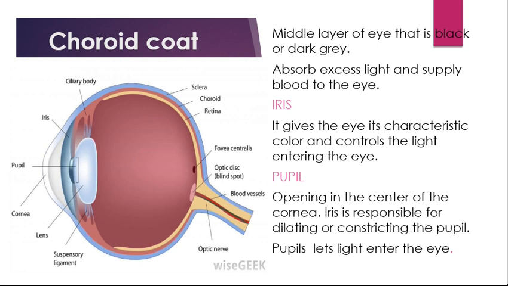The choroid coat can be divided into the iris. It gives the eye its characteristic color. The iris is actually the front of the choroid coat. It is located exactly behind the cornea.